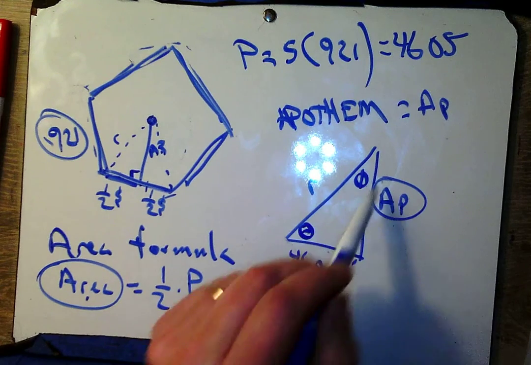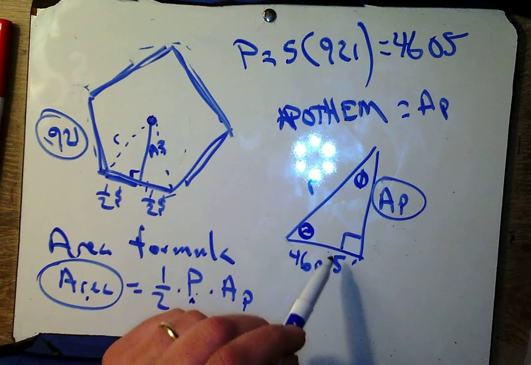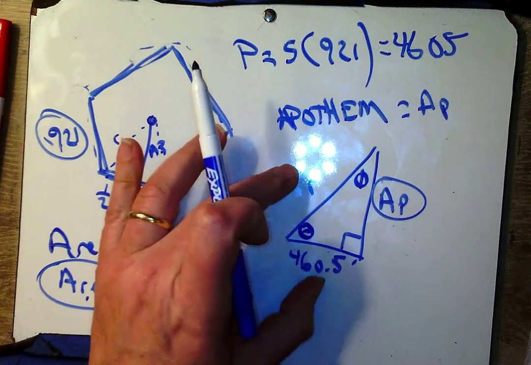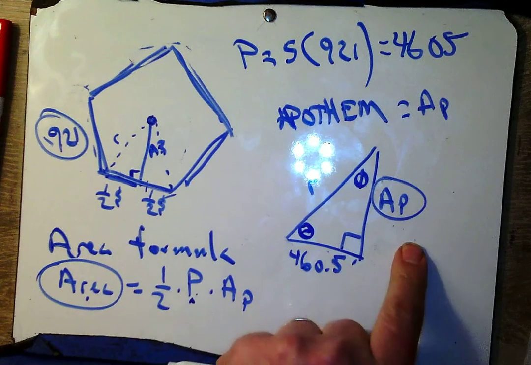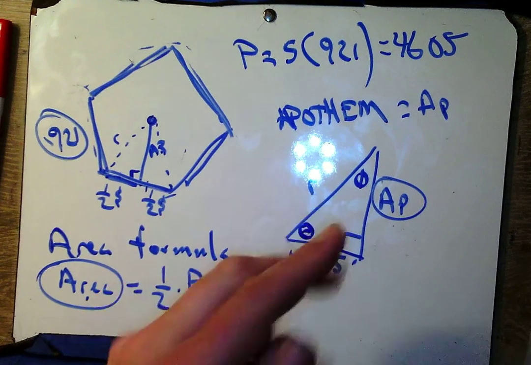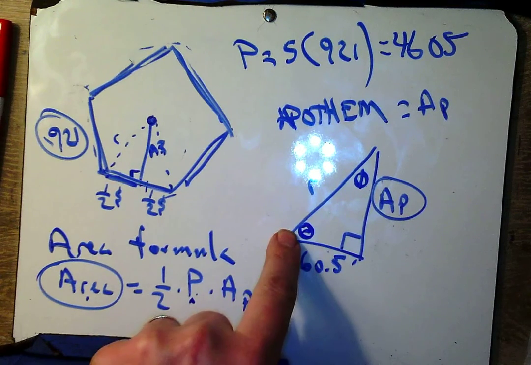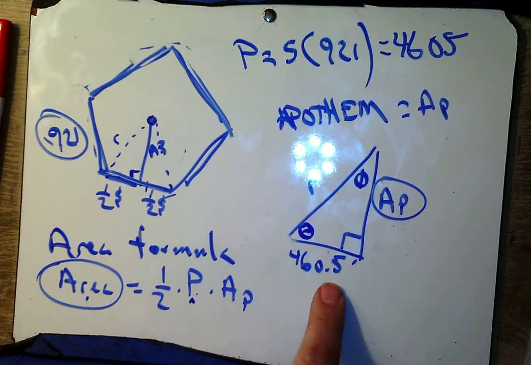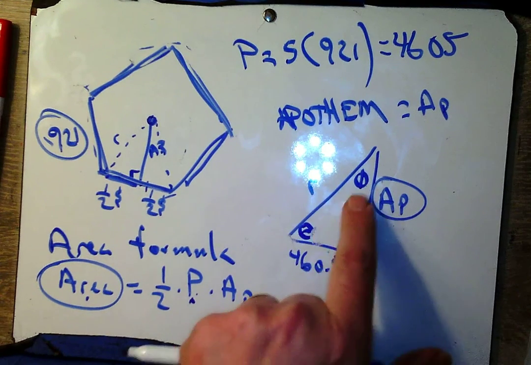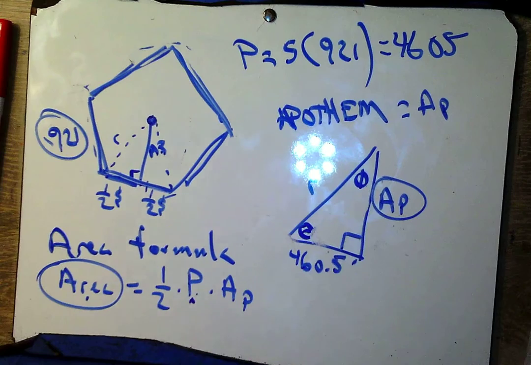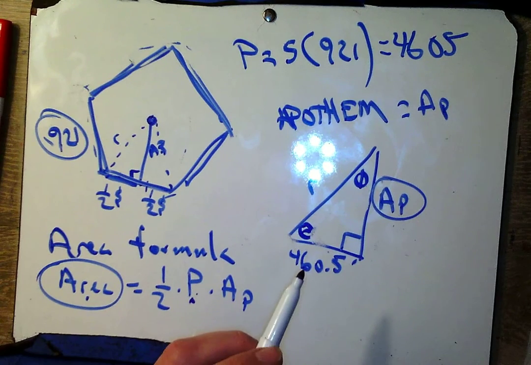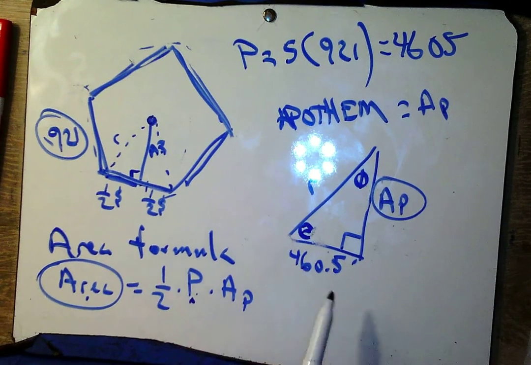I don't know either of these angles yet, and I certainly don't know the radius. So I couldn't use these two in the Pythagorean theorem, because I don't know that. And I can't use tangent with this, because I don't know this. Well, it turns out that in geometry, you learned how to find both of these. Or, I like to believe you learned how to find both of these.